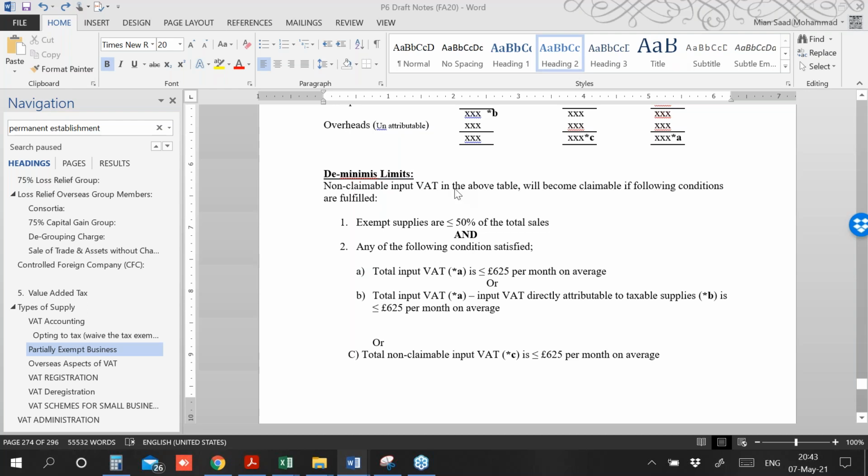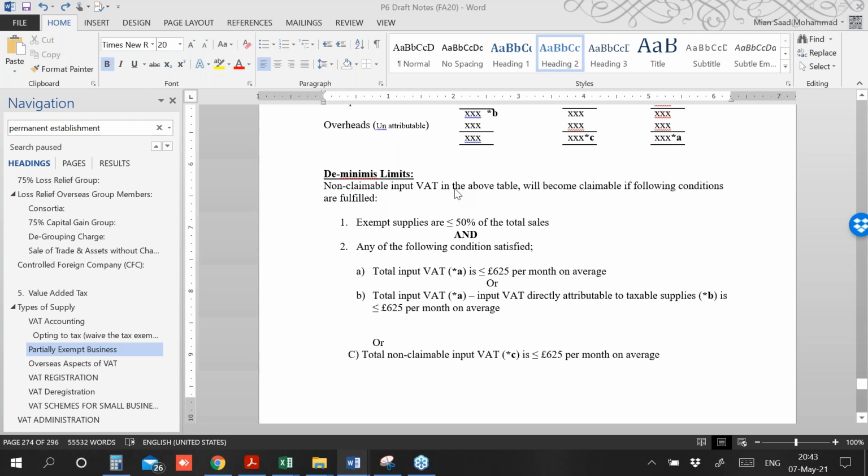So I was telling you that the VAT that can directly be traced is called directly attributable, and that which cannot be directly traced is called unattributable. So the second test is that out of total input VAT, you should deduct the input VAT that is directly attributable to taxable supplies.